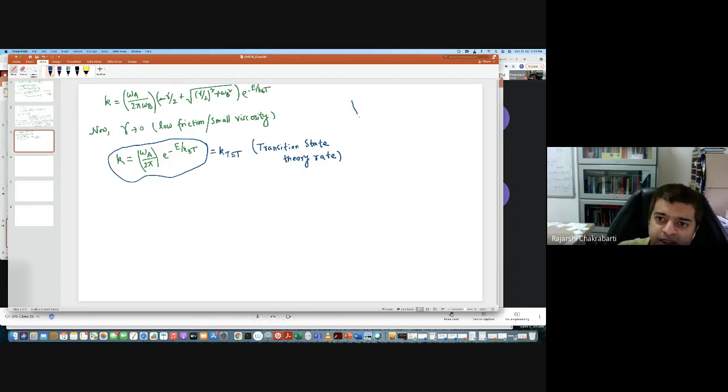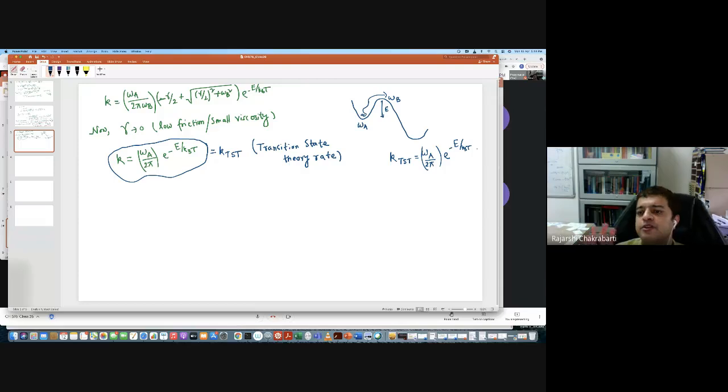Because if you have an energy landscape like this, then it escapes over the barrier. This is your activation energy E. This is omega A, omega B. You see that if I follow the transition state rule, k_TST is given by the curvature or frequency factor in the reactant well, which is omega A by twice pi. This is the frequency, no? Omega is the angular frequency, divided by twice pi gives the frequency, times exponential to the power of minus E by kBT. This is nothing but your transition state result.